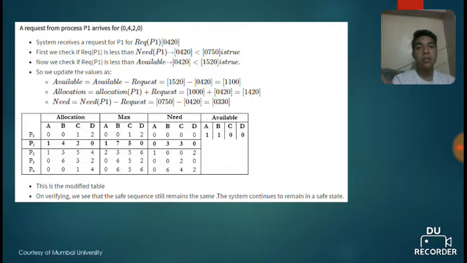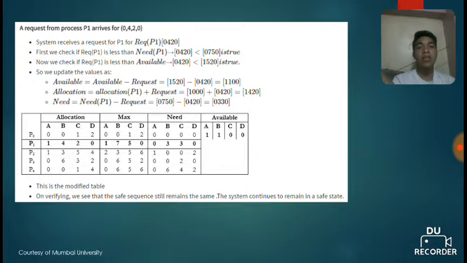Now we check if request P1 is less than or equal to available, 0420 less than 1520, true. So we update the available as available minus request, or 1520 minus 0420, which is equal to 1100.